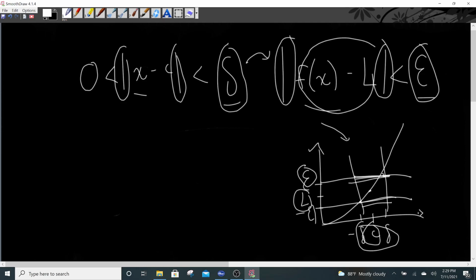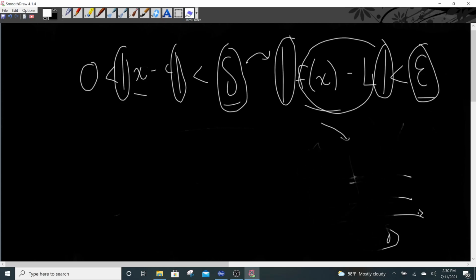So this means that, let me try and make this slightly less cluttered, I'm just going to draw the range. We have our negative delta and our positive delta, and we have c.